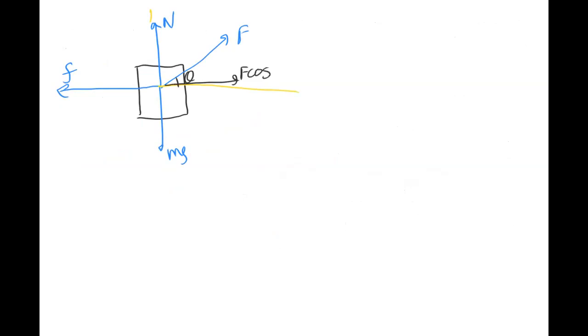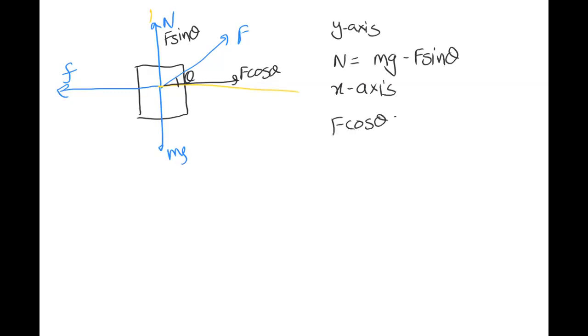F cos theta, F sin theta. So we will have along the y-axis N is equal to mg minus F sin theta. We've already done this. Now x-axis पे F cos theta will be equal to mu N.